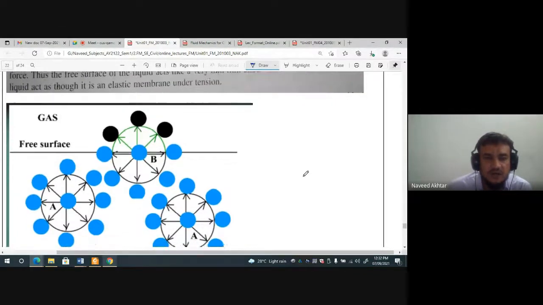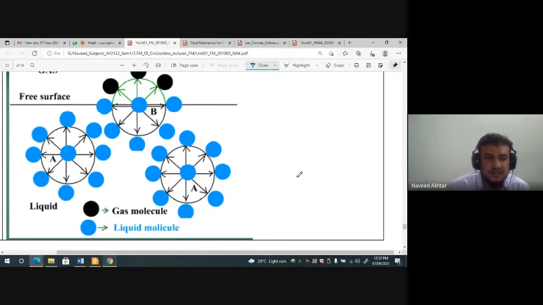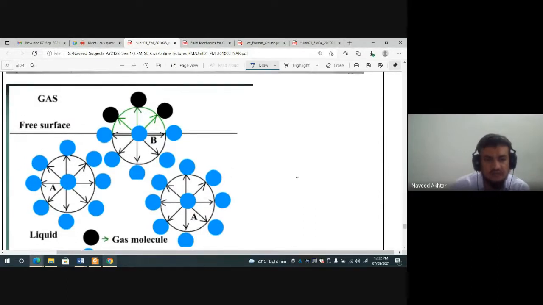तो यहाँ पर क्या होगा कि आप देखेंगे कि if you say the dark colors are the gas molecules, okay, you have the gas molecules, and the blue colors are your liquid molecules. Okay, and this is our free surface. So what happened?